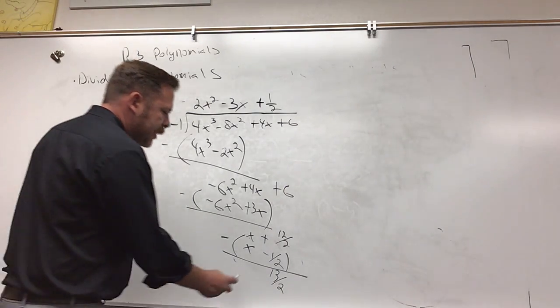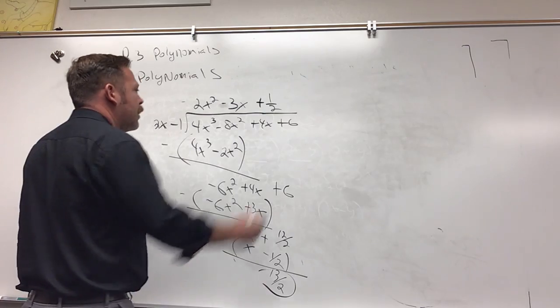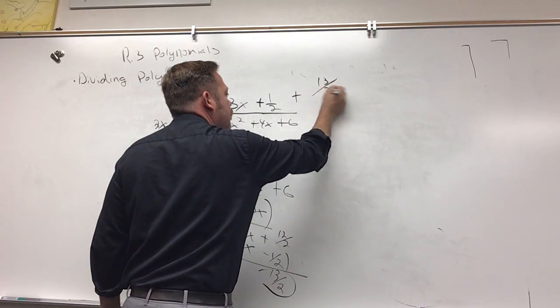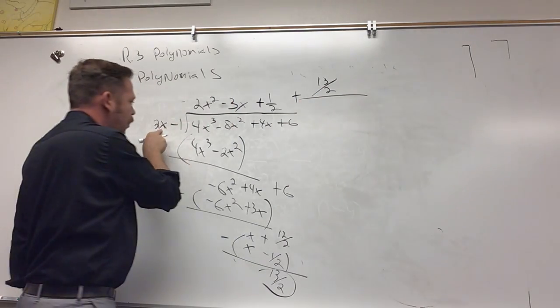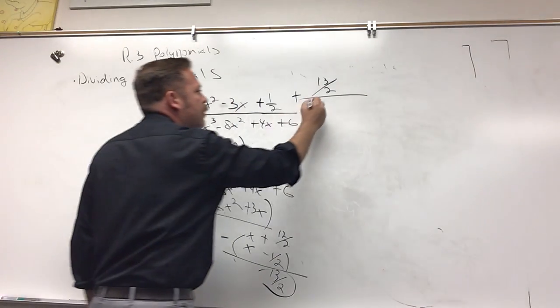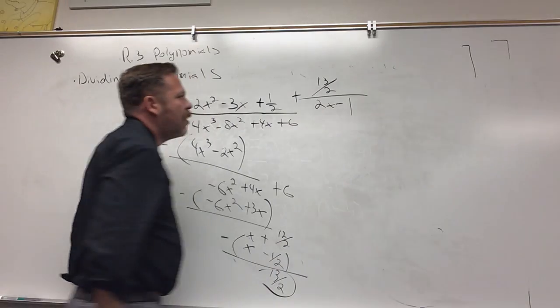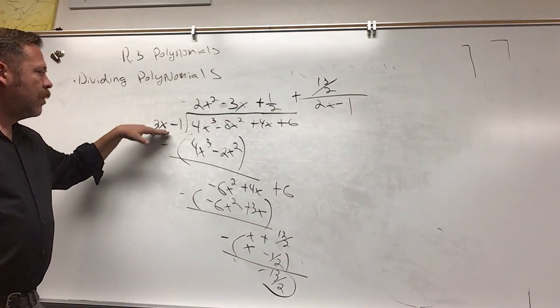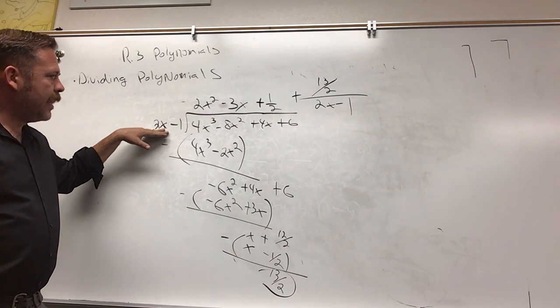But what we do is we take whatever's left here, and we'll say plus, and since we have 13 over 2, then we're just going to leave it over what was out here, 2x minus 1. That's how we would write our remainder. If we have a remainder, it goes over what we're dividing by, okay?